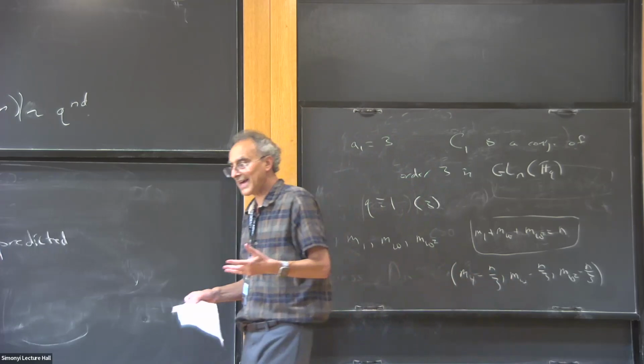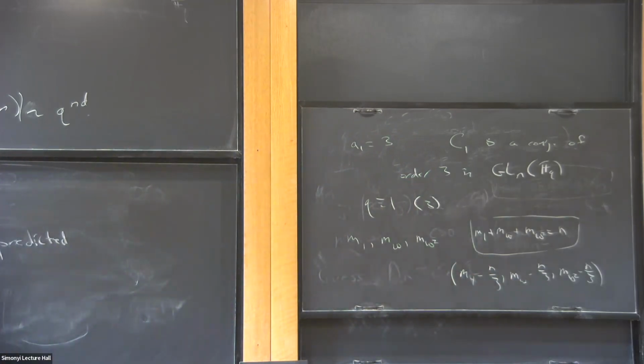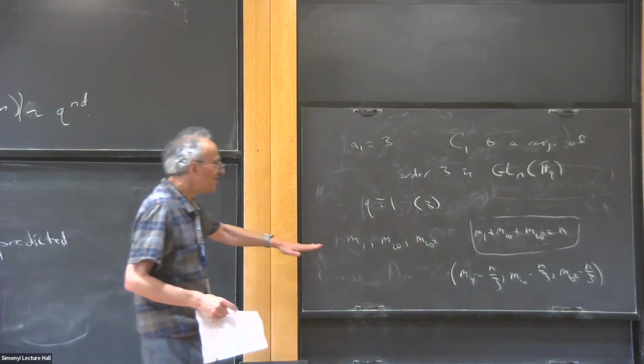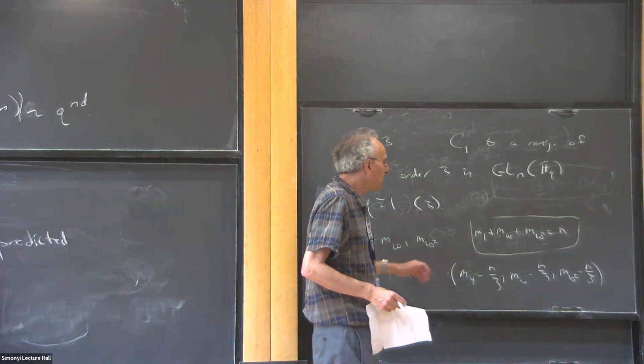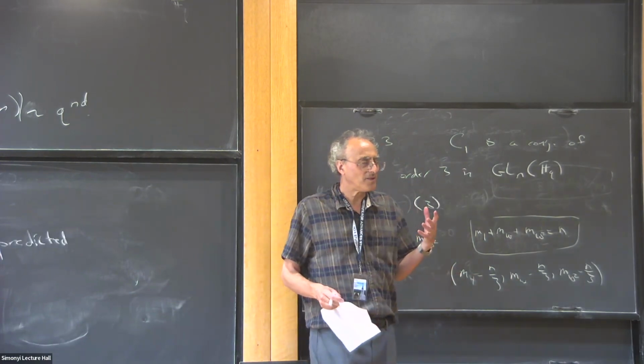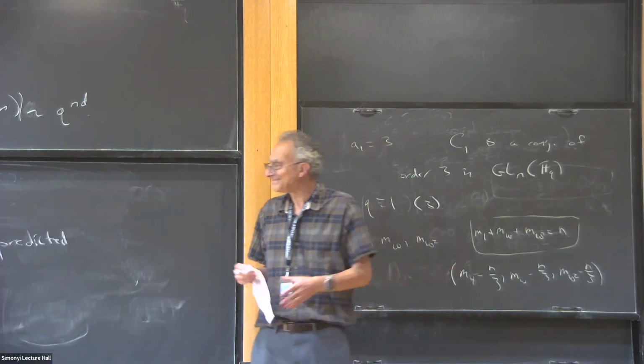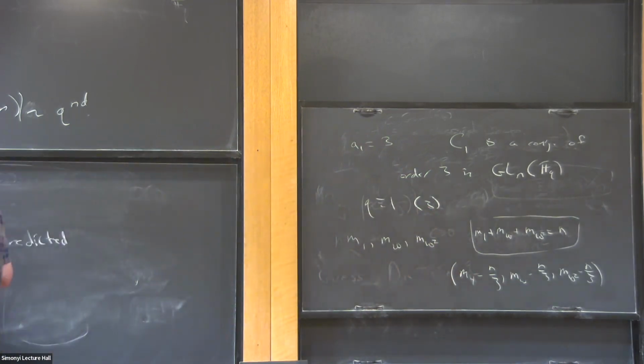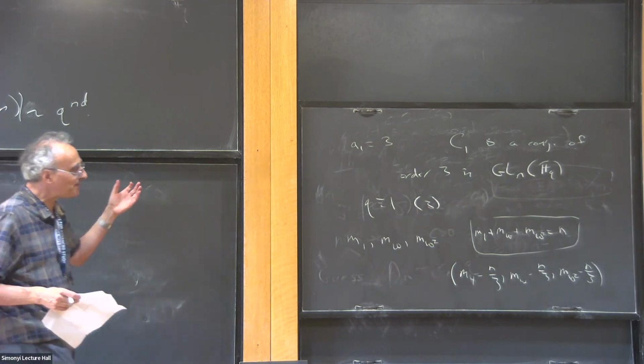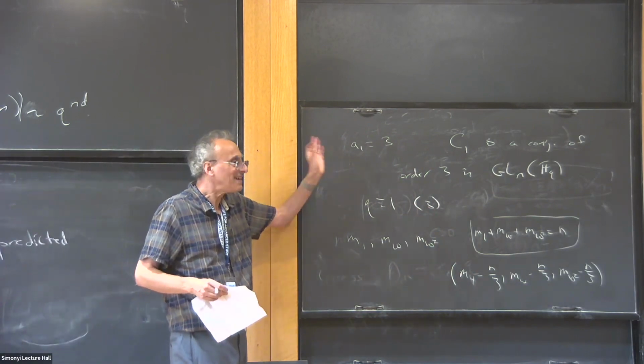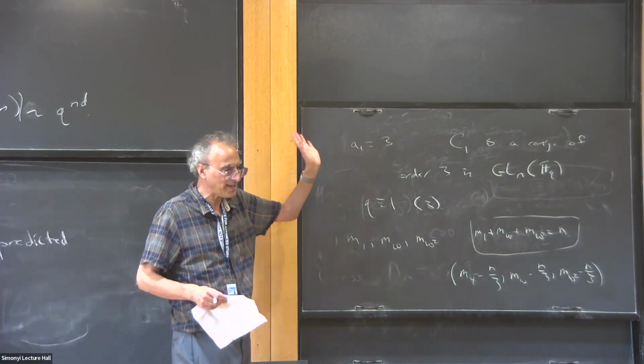Now, which part of the lattice is contributing a lot to the sum? So the answer here is that when you're trying to count these things, you're multiplying by the size of the conjugacy class of C1 and by some other junk, C2, C3, and some characters.